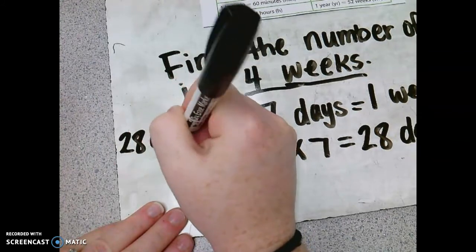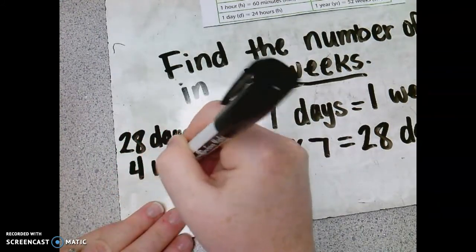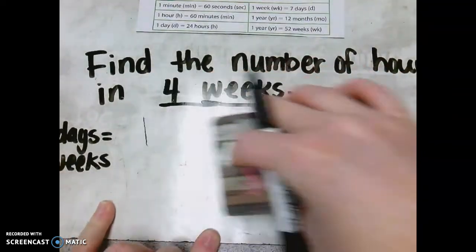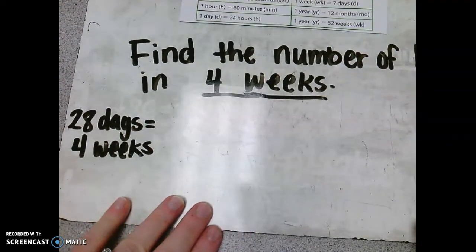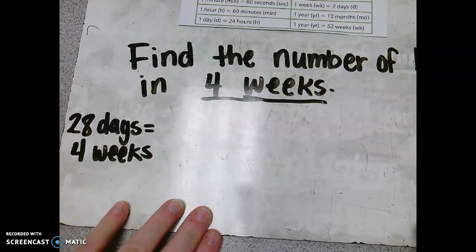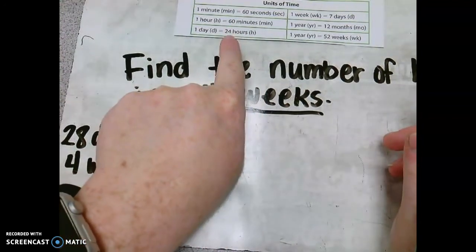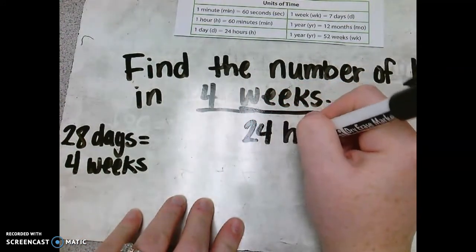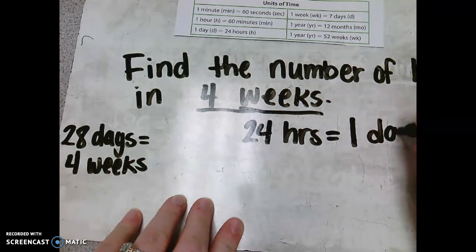I'm going to write that to the side over here: 28 days in 4 weeks. And I'm going to erase this so I have more room to work. Now let's see how many hours are in one day. And up here we know there are 24 hours in one day.